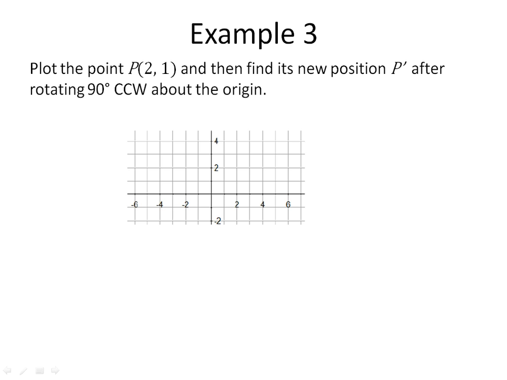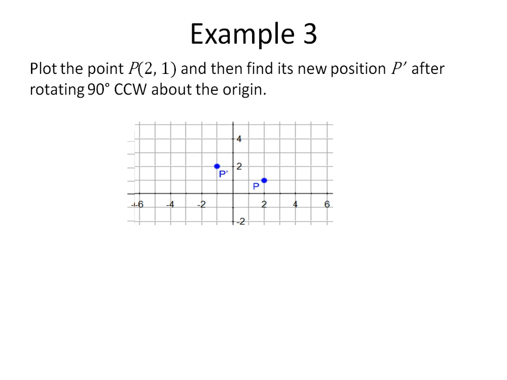Right, example 3, they want us to plot the point (2, 1) and then find its new position P prime after it's rotated 90 degrees counterclockwise around the origin. So here's (2, 1). If we rotate it counterclockwise, it's going to go this way and it's going to end up here at (-1, 2).